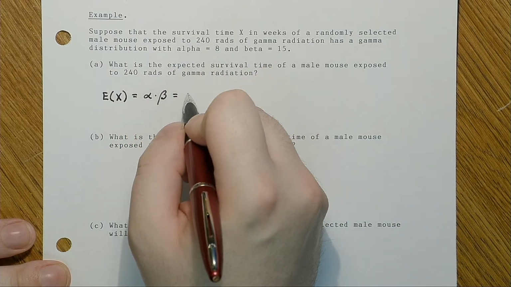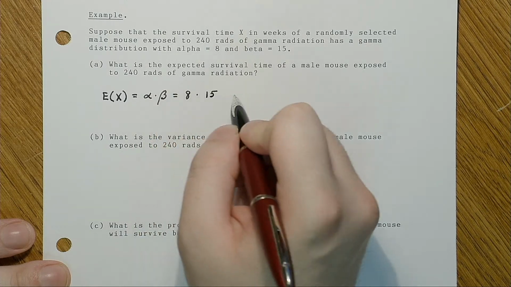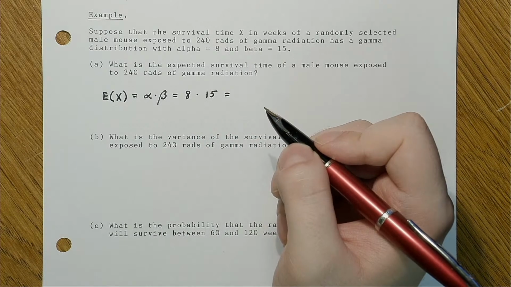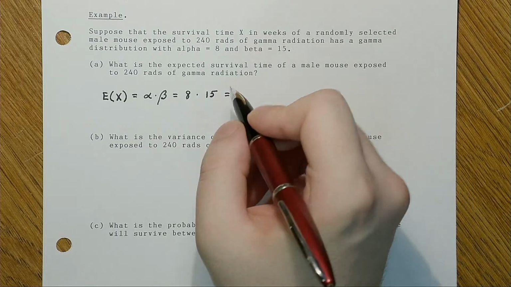Alpha is 8, and we multiply that by 15. 8 times 15 gives me 120.